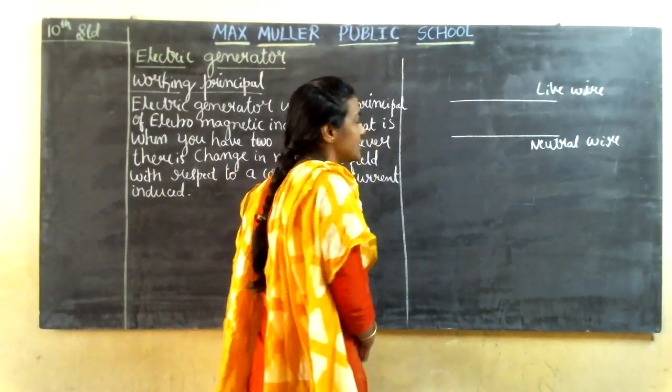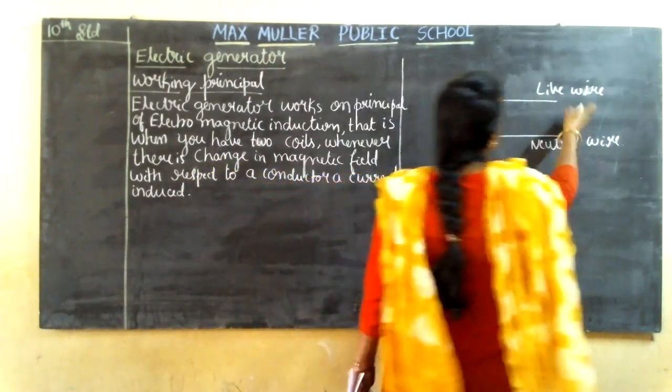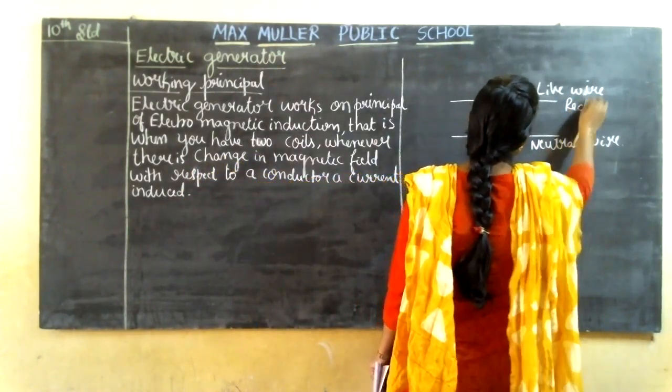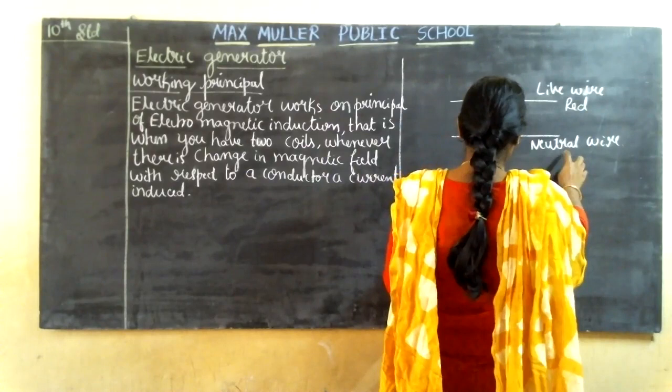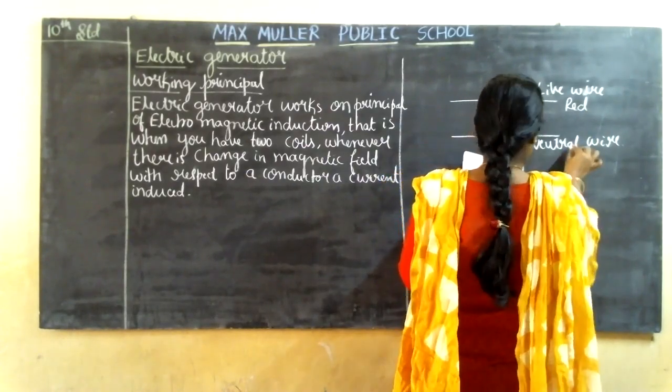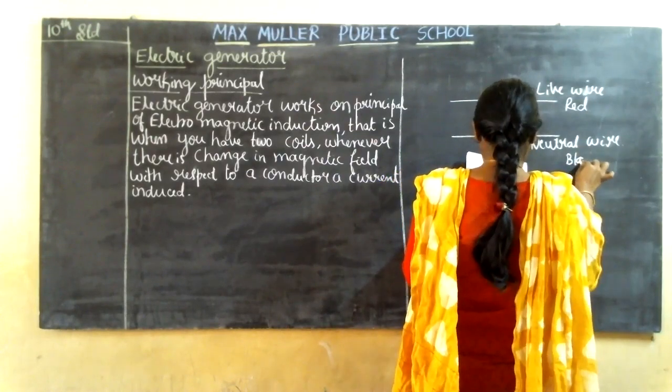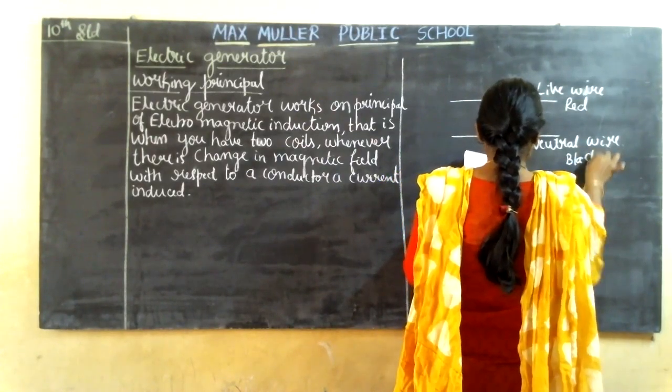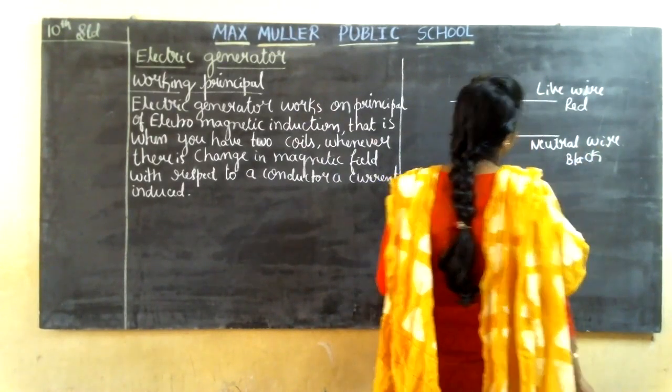Okay, the next point: what is the color of this one? In your textbook, the live wire is written as red, and the neutral is black.